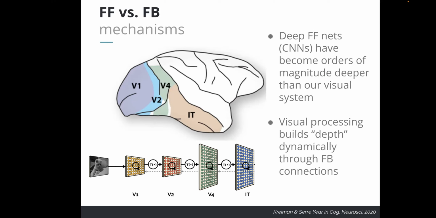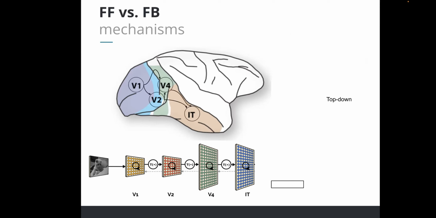is through reentrant signals, through feedback connections, right? So it's not just by processing statically through layers, but really allowing signals to reenter, which provides an ability to obtain depth through time through feedback connections.